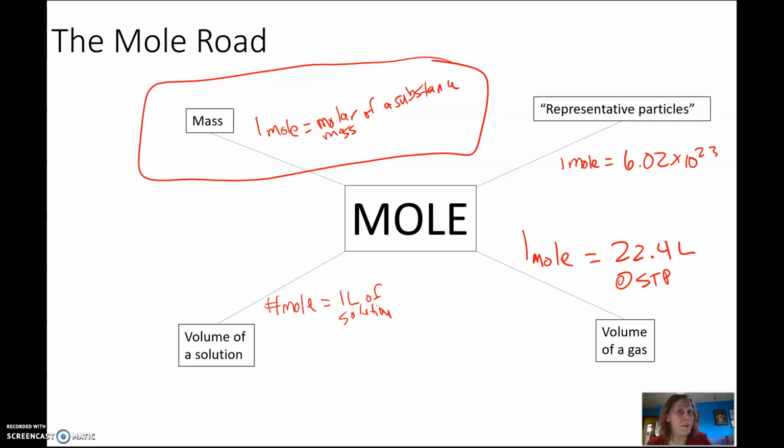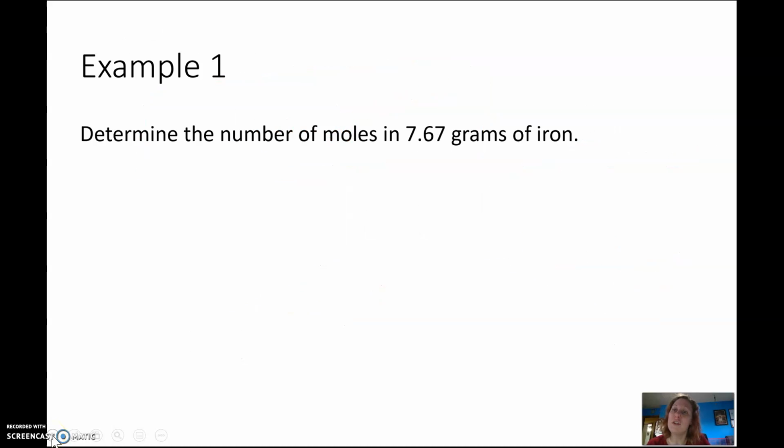I wish I could find that paper that has all the conversion factors on it, but this is it. I'm just going to do a bunch of examples because that's easy. This conversion factor is 1 mole equals the molar mass, whatever number it is, in grams.